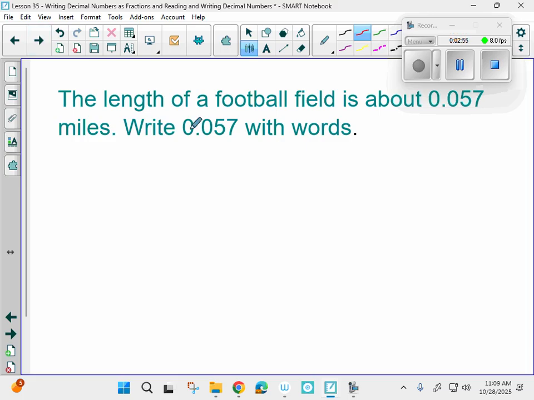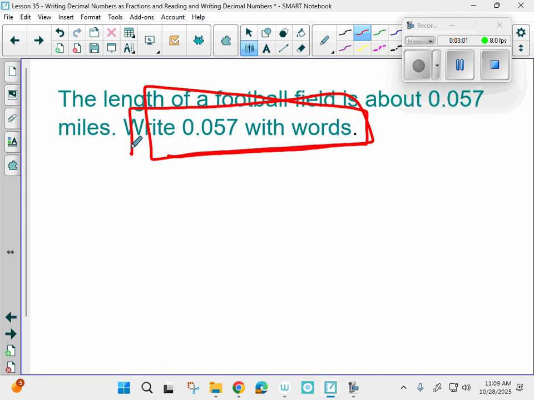The length of a football field is about 0.057 miles. Write this with words, okay, with words. This one is not convert it to a fraction. This is write it with words. So we start with our whole number, which is 0. All right, and then everybody, we write the decimal as what word? And. Very good. Okay, and then we look at where this ends. And let's go with Benny. Where does that 7 end? What place value?